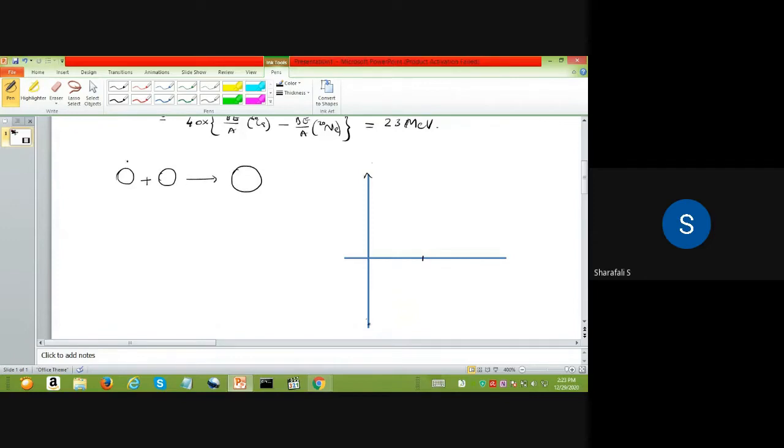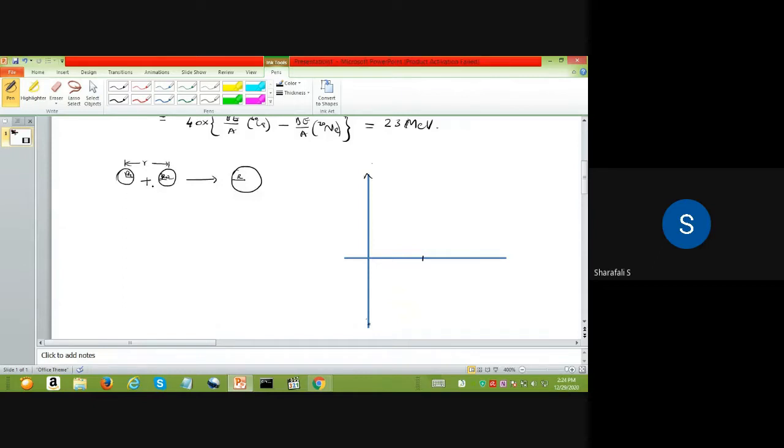So let's take the separation of these nuclei initially, which I will take as capital R, or I can write R1 here and R2 here. If they are the same, then they have the same radius, so I will just put capital R1 here and capital R2 here.